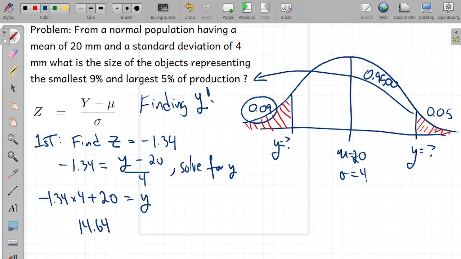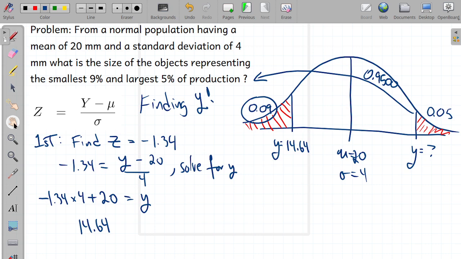Let's double check. I got that right. Yeah, that's it. Okay, so this y value right there is 14.64.